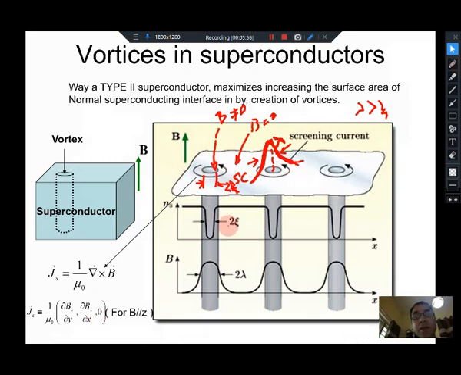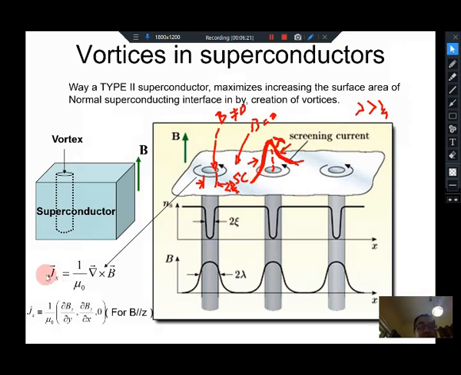Because the magnetic field has to be shielded around the vortex, these arrows here represent the diamagnetic shielding currents, and these currents extend up to a distance lambda from the vortex core.